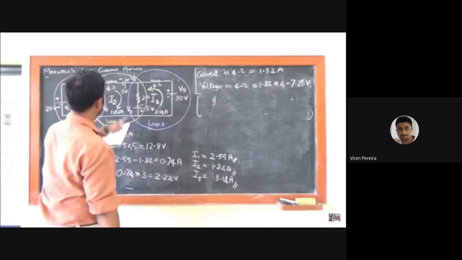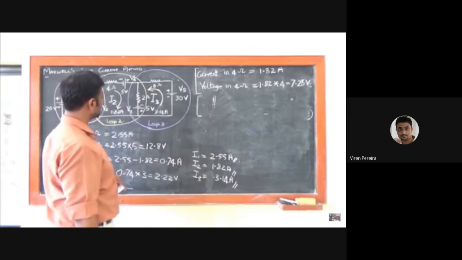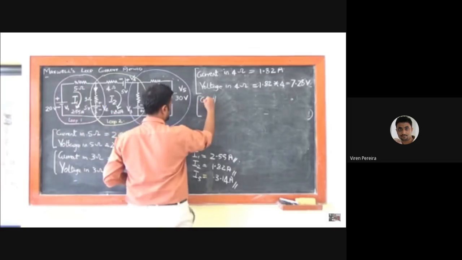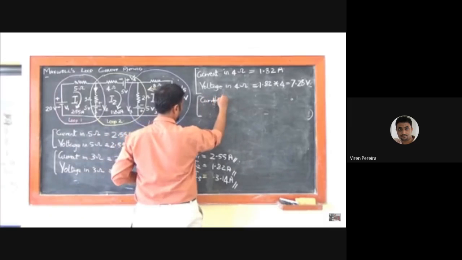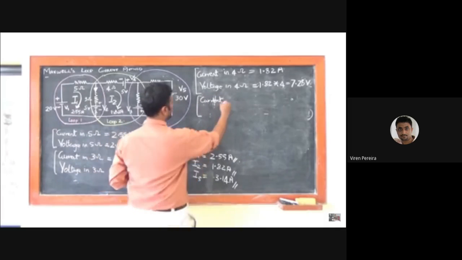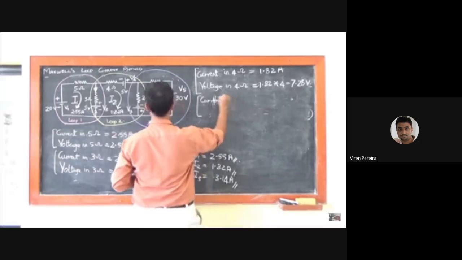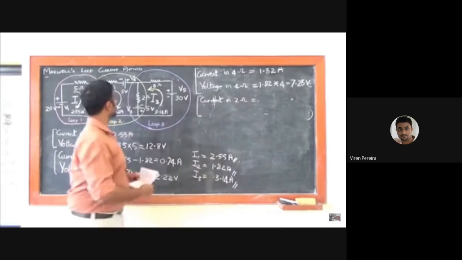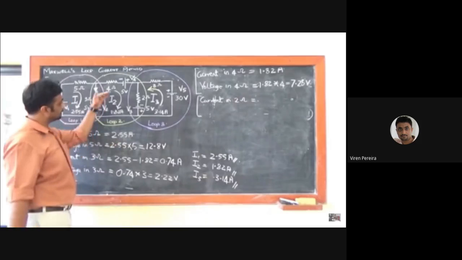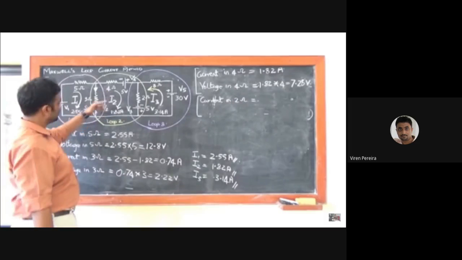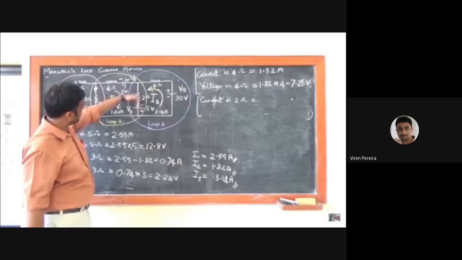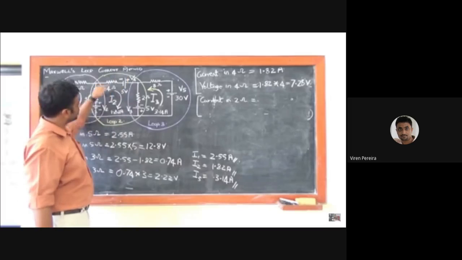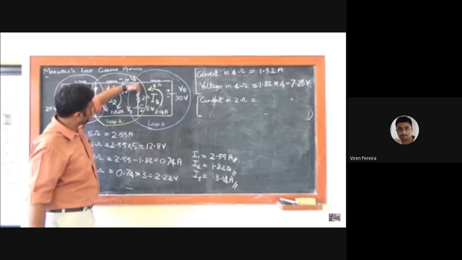Now again, we have to find out for this resistor. So we have the current in the 2 ohms resistor. Now current in the 2 ohms resistor, as we see the direction of I2. Okay, I2 is moving in a clockwise direction. So I2 is moving from top to down.